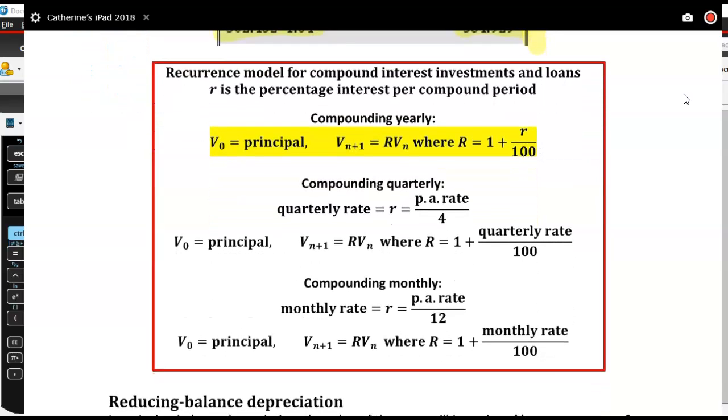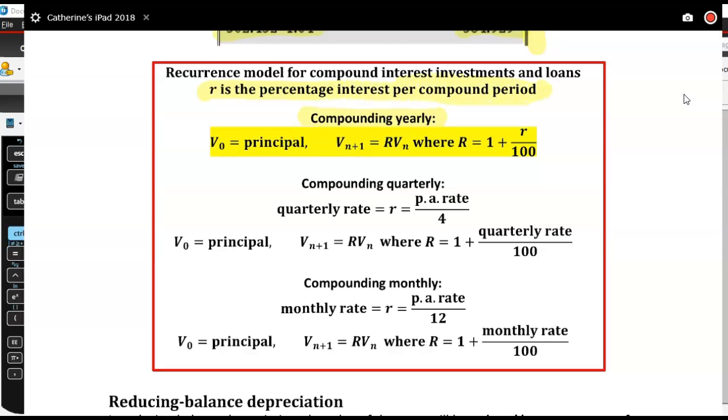So we've got here our general rule. For yearly, if we're talking yearly, our principal, V0, Vn plus 1 equals R times Vn, where R equals 1 plus r over 100. So our little r is the percentage interest per compounding period.